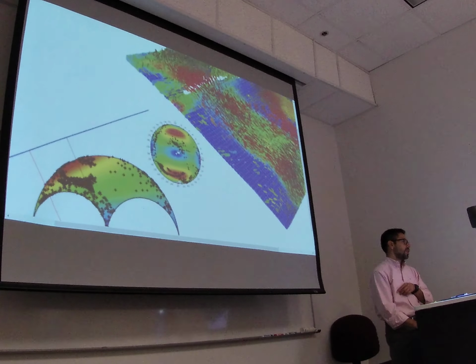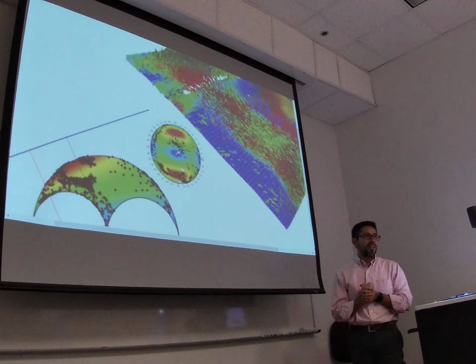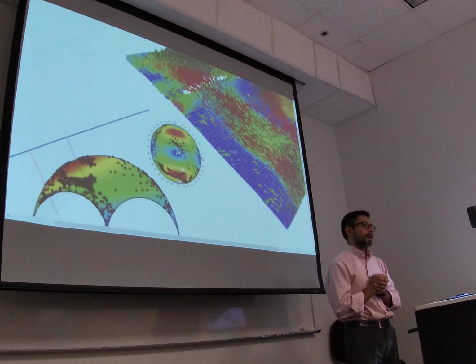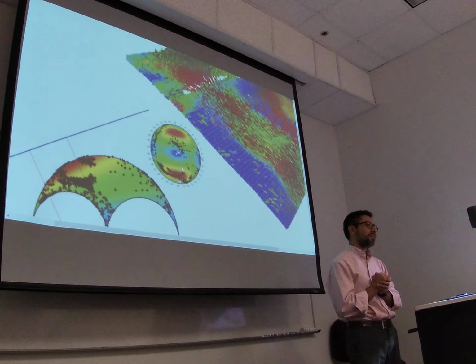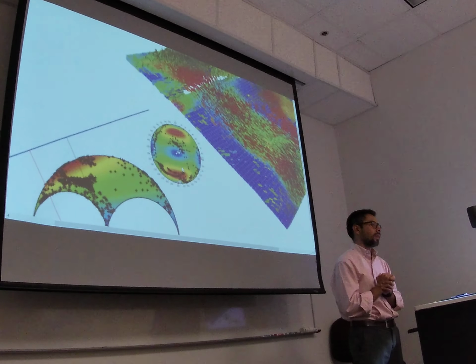And what is this? Stereonet. This is stereonet. Many of you may not be familiar with stereonets, okay?